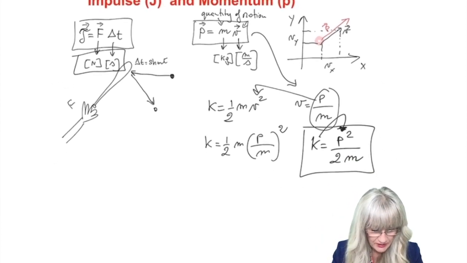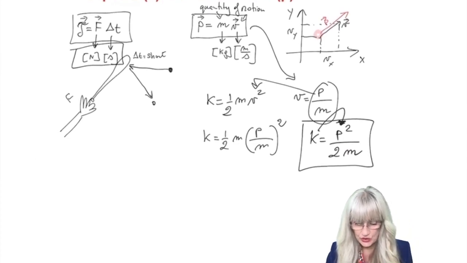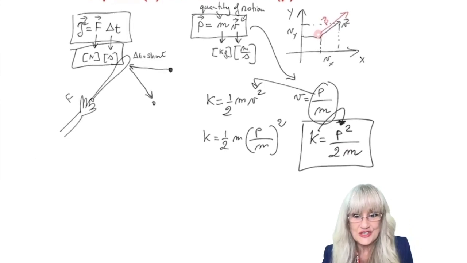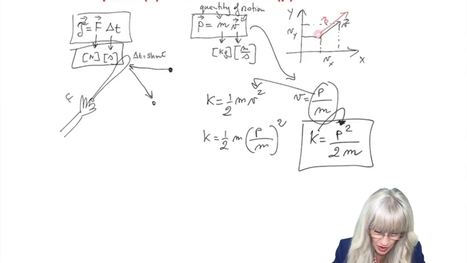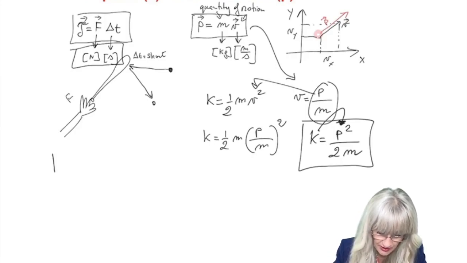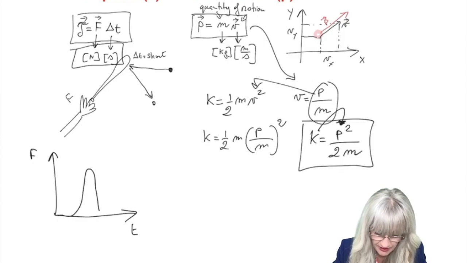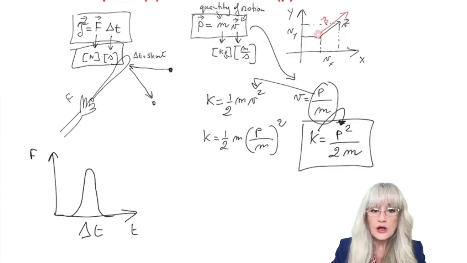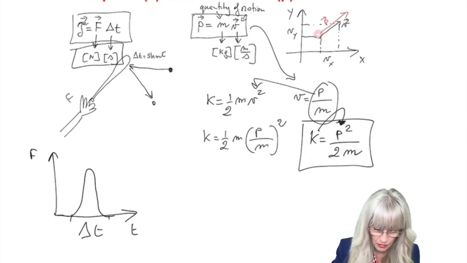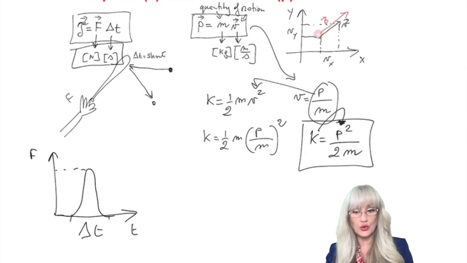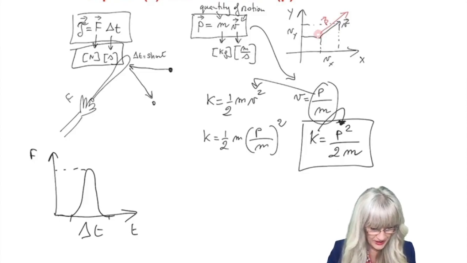As for the impulse, I want you to see very interesting, very important things. I want to draw this impulse, right, as a force function of time. It will be very much an arrow. The narrower your interval of time, the more force you will be able to impart to this object.